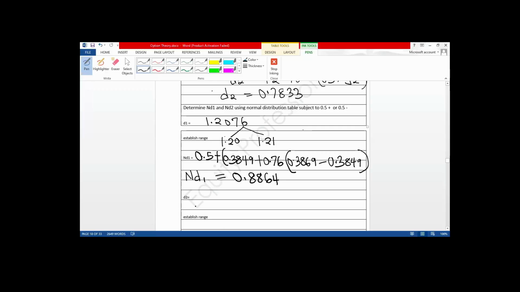We now move to D2. Our D2 is equal to 0.7833. This is our N(D1). Establish a range.